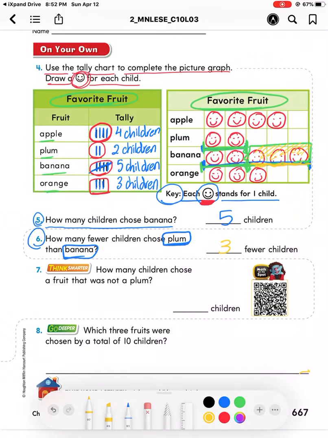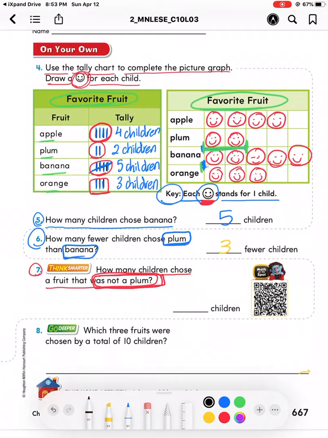Okay. Now I just want to repair this. Okay, so we can answer the following question. Now it says, in the Think Smarter part, how many children choose a fruit that is not a plum? So we have to count all the children who choose the fruit but not include the plum.